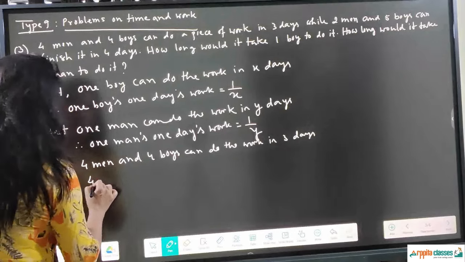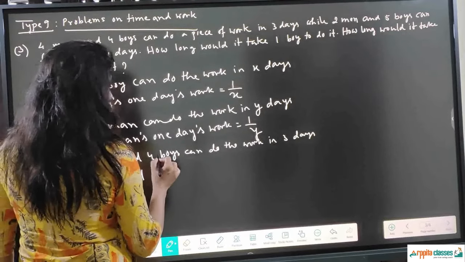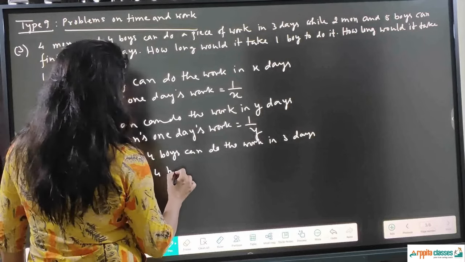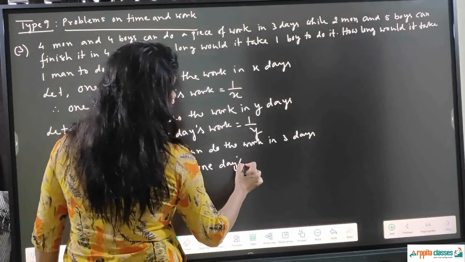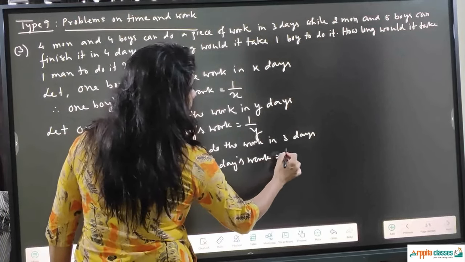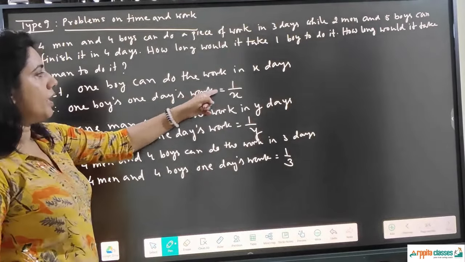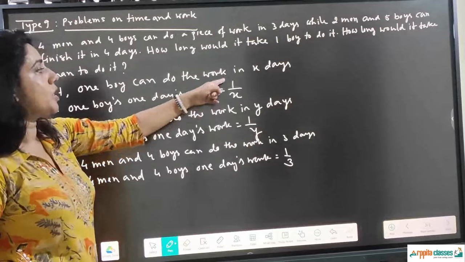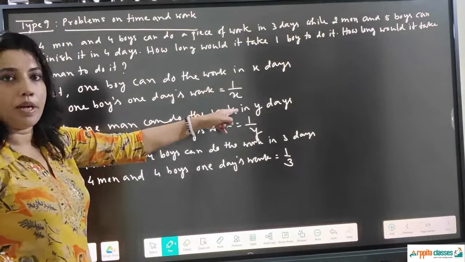So here I'll write 4 men and 4 boys' 1 day's work is equal to how much? 1 upon 3. Now see here, if 1 boy's 1 day's work is 1 upon x, then 4 boys' 1 day's work will be 4 upon x.